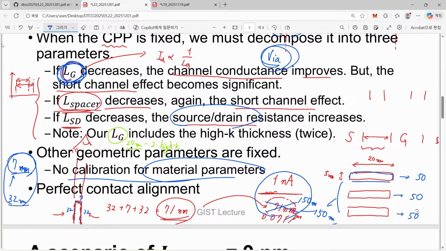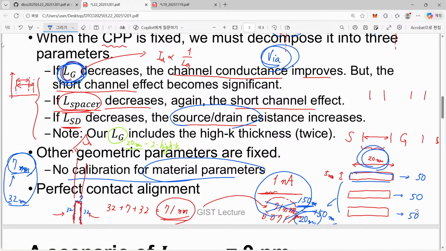Instead of that, we just report the 20 nanometer, the drawn width of our nanosheet seen from the top view, as the effective width here. So compared with this 150, this 20 is 7.5 times smaller.